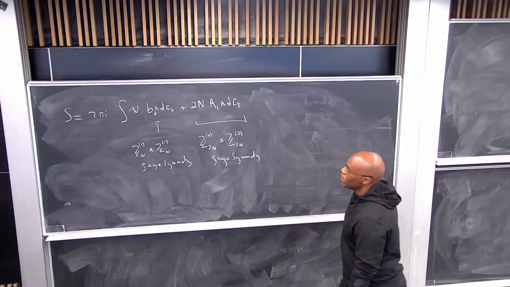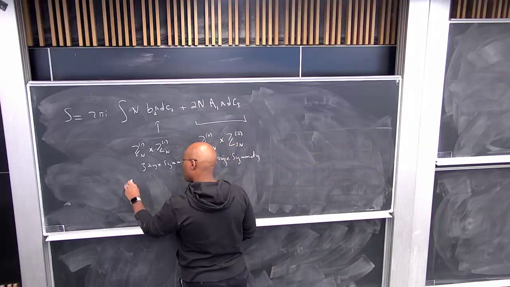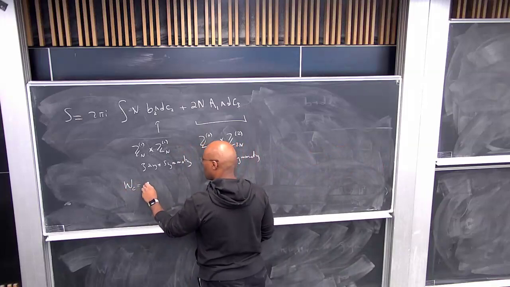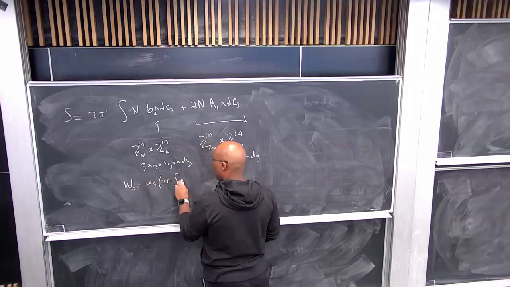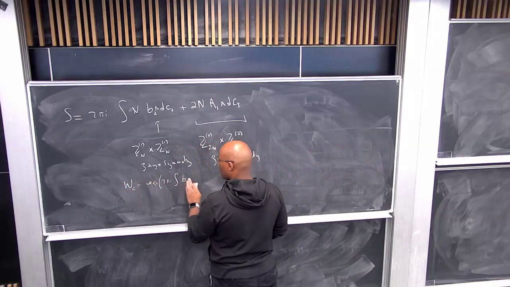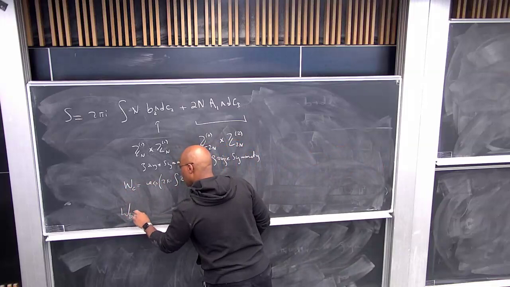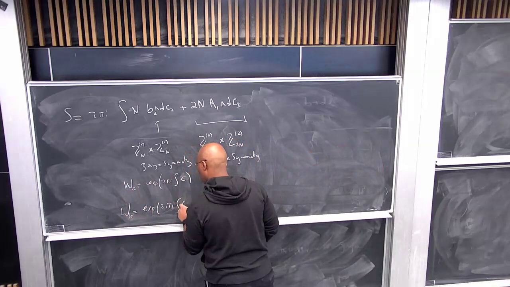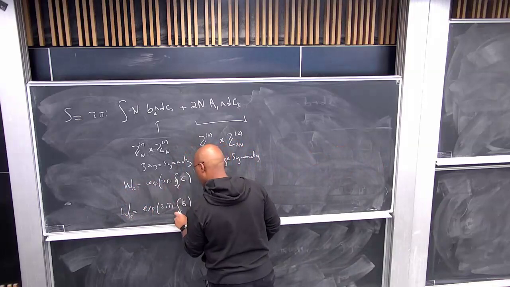Okay. And on this side, as we've just discussed, we have the operators of my theory. I have W_C, which is exponential of 2 pi i integral of C, then W_B, exponential of 2 pi i integral of B, on gamma and gamma prime.